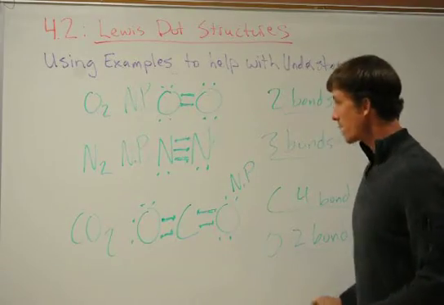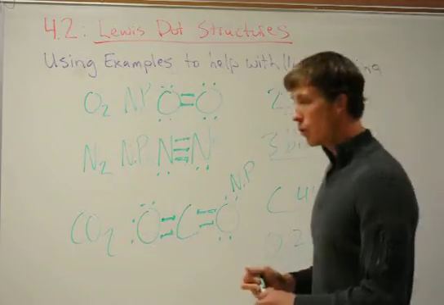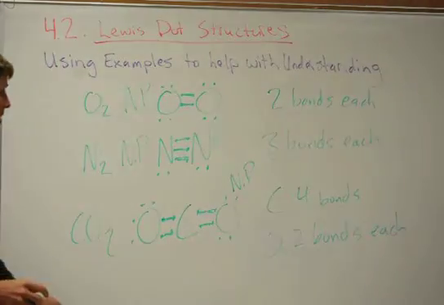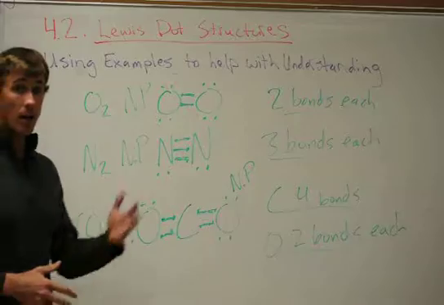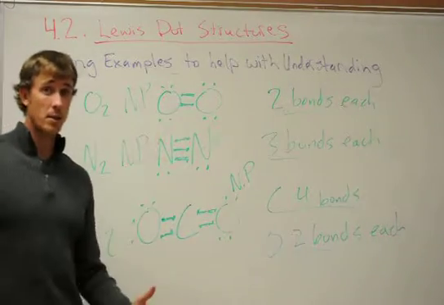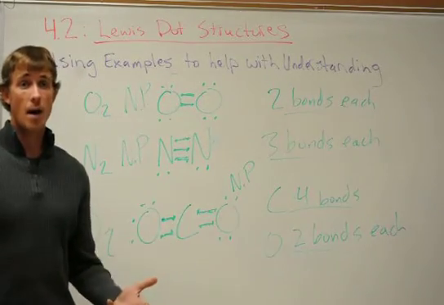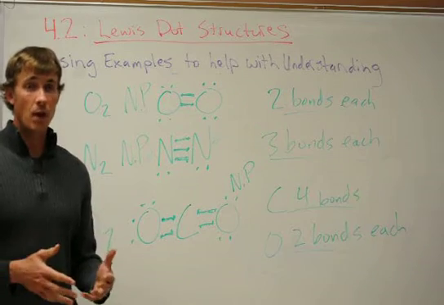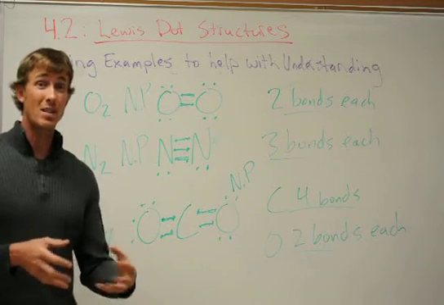Okay? So take some practice on this, but after you start doing this for a while, you'll start realizing there are patterns to this. Remember we talked about elements in the same column having similar Lewis dot patterns.